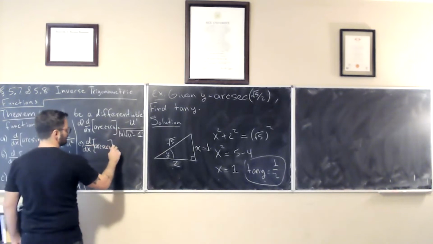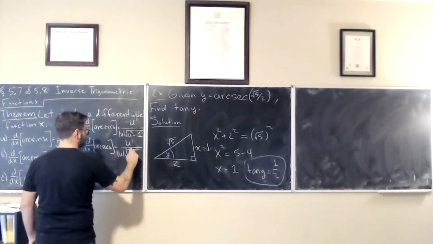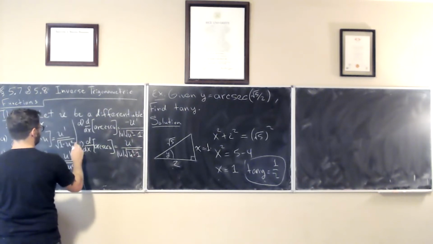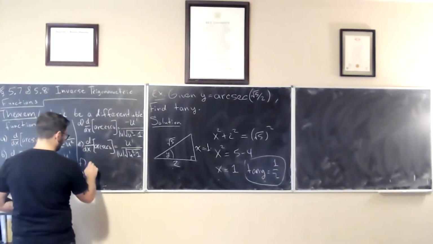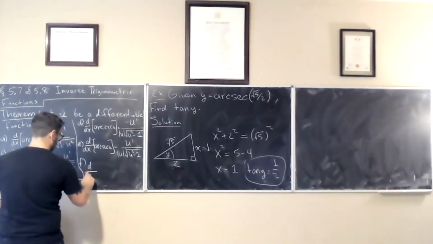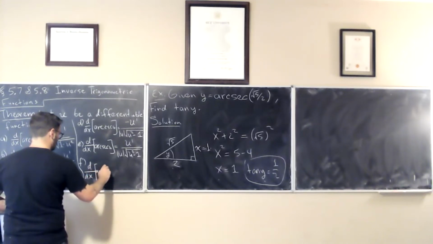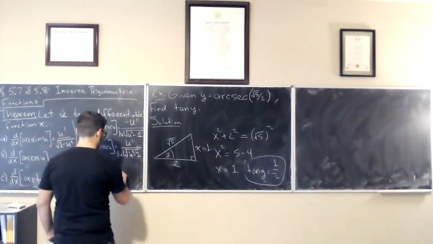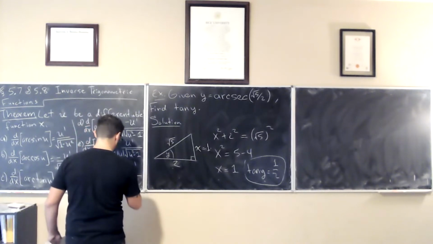It's just the positive of this. Oh no, part F actually, arc cotangent u: negative u prime over 1 plus u squared.